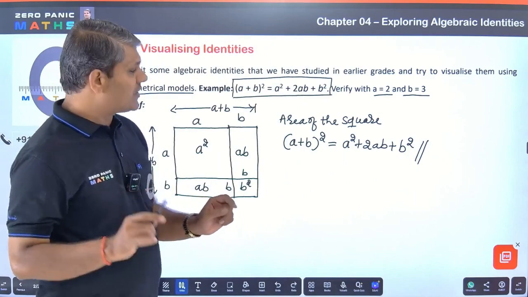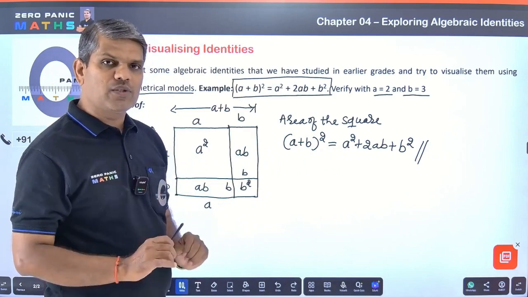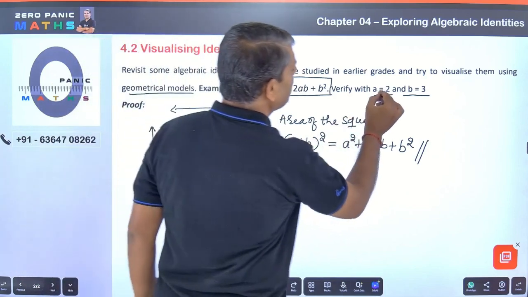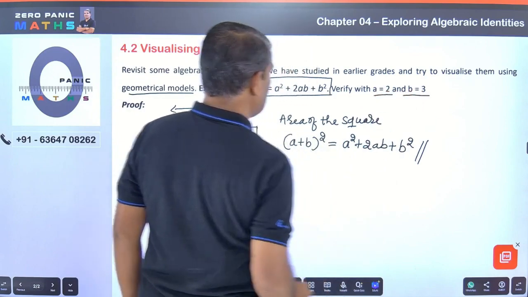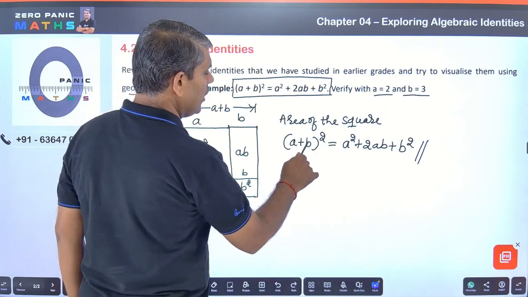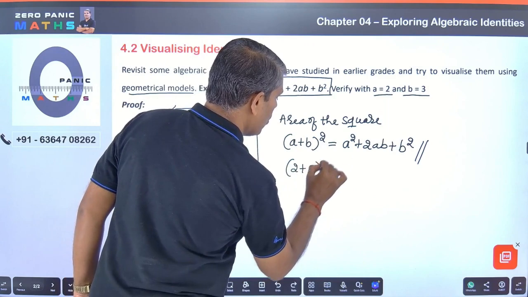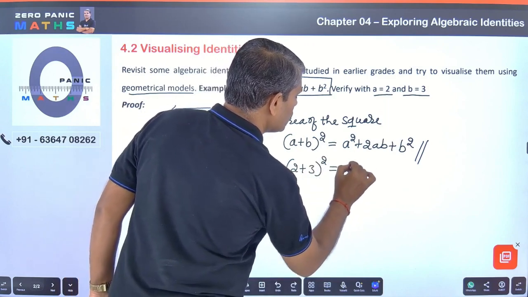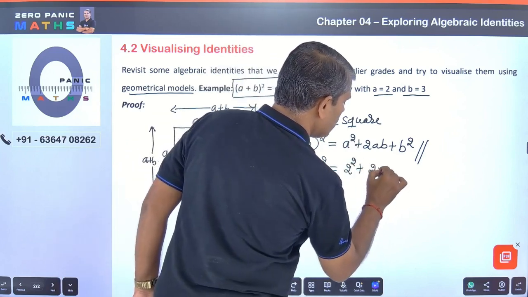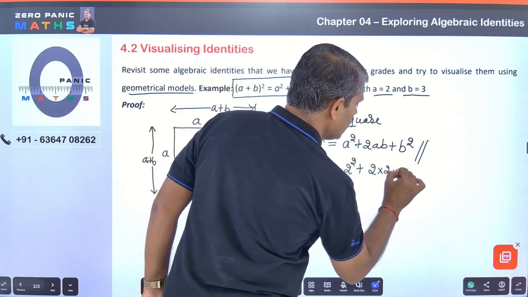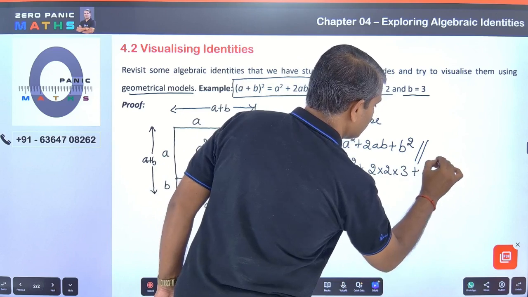Now we are saying that this is an algebraic identity, so it should be true for all the values, correct? Let us verify it with A is equal to 2 and B is equal to 3. It will give me 2 plus 3 whole square is equal to 2 square, that is A square, plus 2 into A, that is 2, and B is 3, plus 3 square, correct?